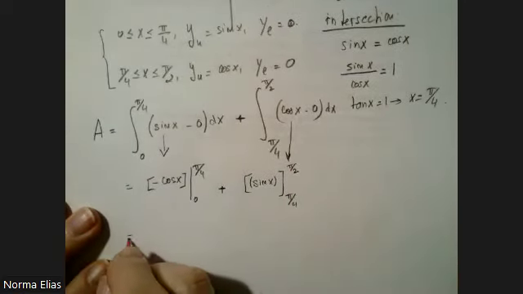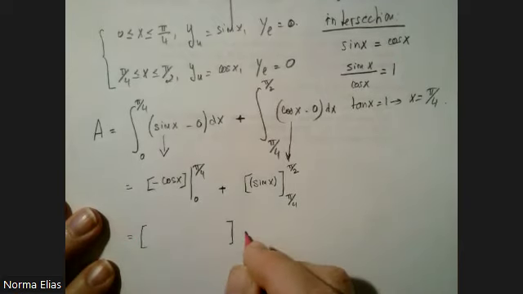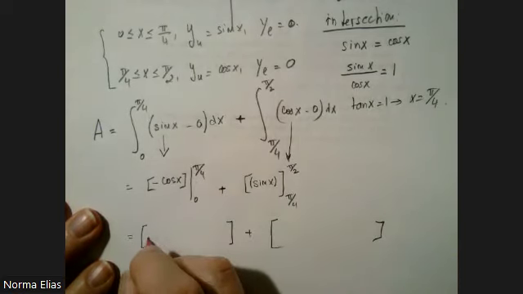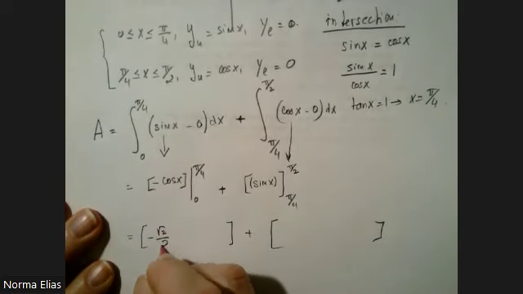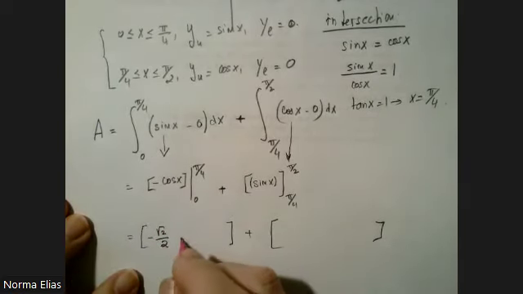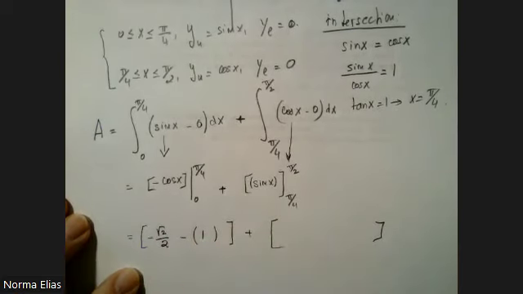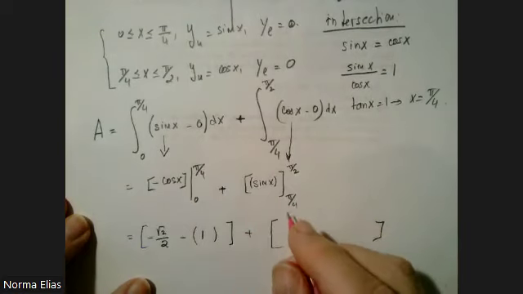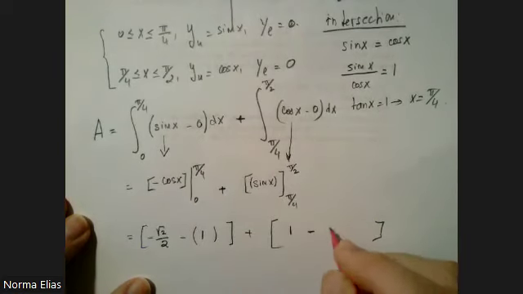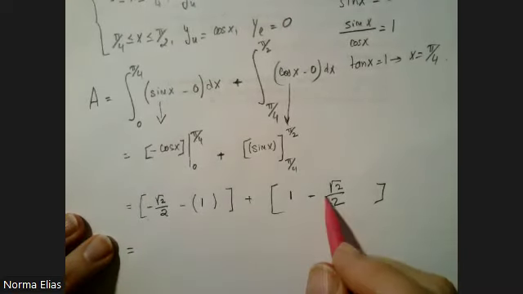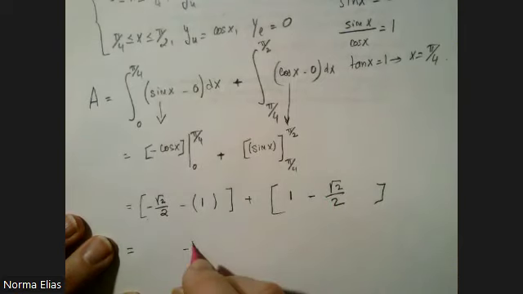So finally, this is equal to minus cosine pi over 4, which is minus the square root of 2 over 2, minus cosine 0, which is 1. Now sine pi over 2 is 1, minus the square root of 2 over 2. So finally, this is equal to minus, minus. So this is minus.